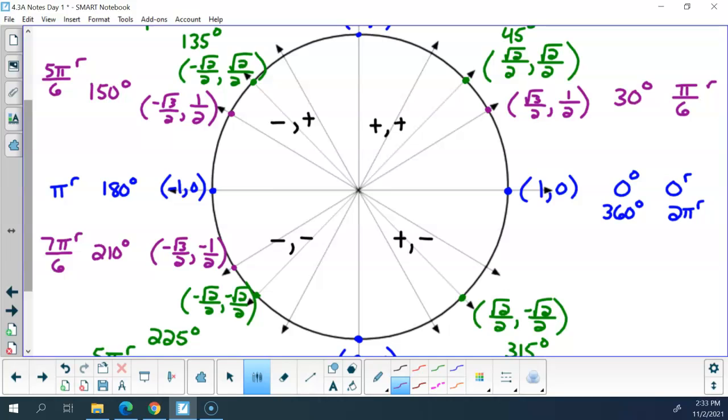Okay. Now we go over to quadrant number 4. Now I'm going to be at the square root of 3 over 2, comma, negative 1/2. I'm 30 degrees short of a full circle. What do you got? 330 degrees.